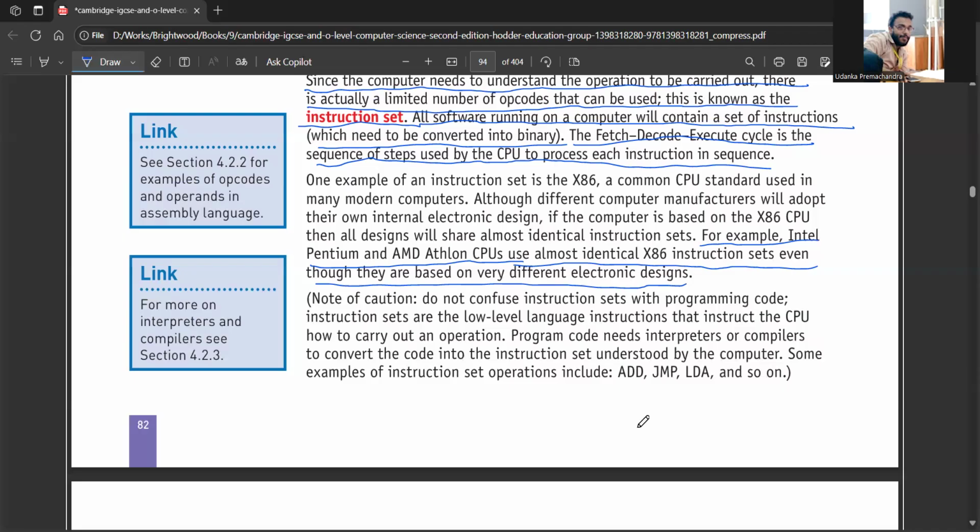You should know that. Anything with AMD or something should be going with the instruction, the key points.